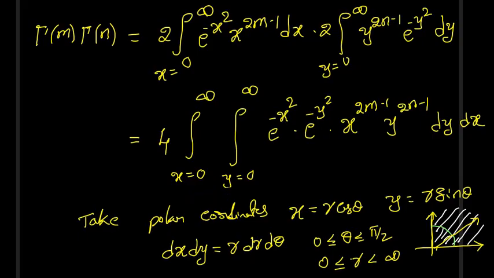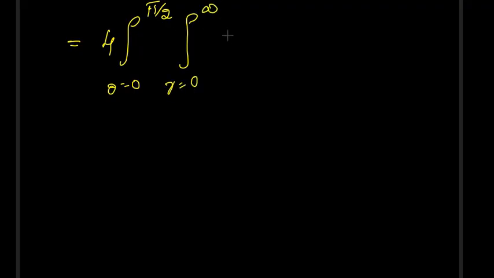And also we know one more thing: what would be x squared plus y squared here? x squared plus y squared is equal to r squared. So altogether, if we substitute everything in this integral, we will obtain 4 times the integral with theta from 0 to pi by 2 and r from 0 to infinity of e to the power minus r squared.